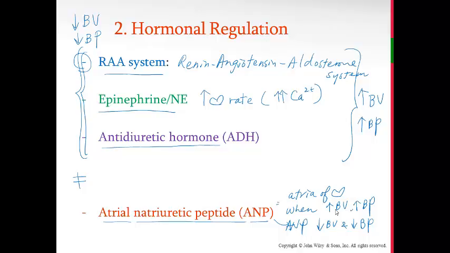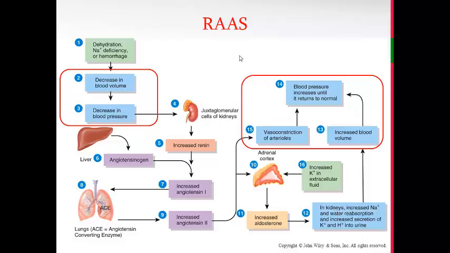So let's take a look. As a refresher, your renin, angiotensin, as well as aldosterone system. So this is in response to when you have dehydration, sodium ion deficiency, or you lost a lot of blood through hemorrhage. So it causes a drop in the volume in your system, and that relates to a drop in the pressure as well.